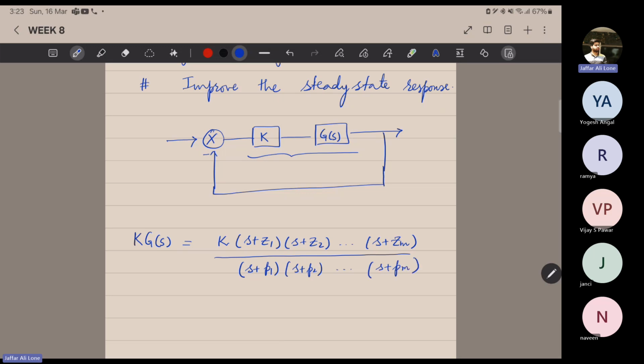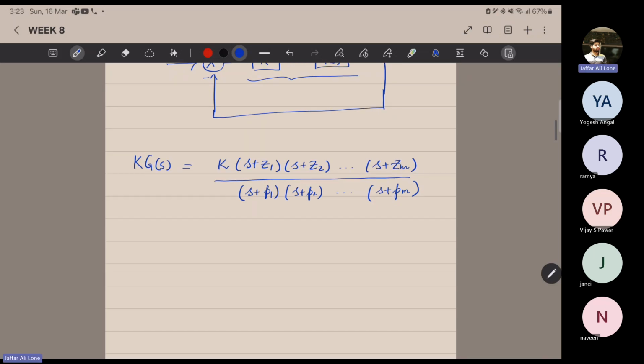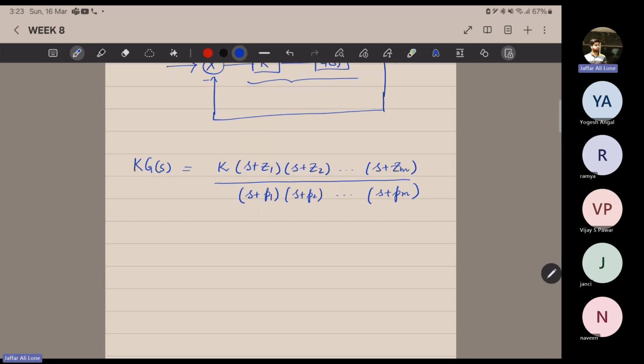I considered a type 0 system. So what will be the steady state error? For a unit step input, the steady state error will be e(infinity) = 1 divided by 1 plus Kp.